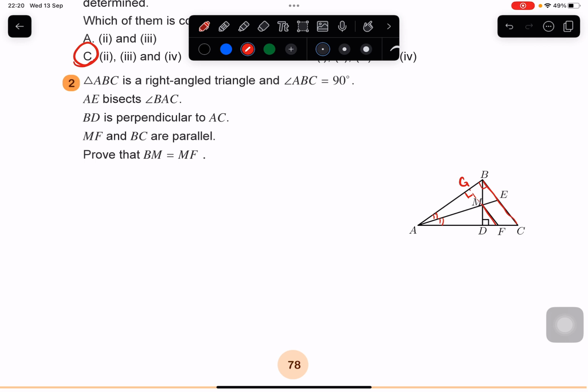So we can just start with: extend FM to intersect AB at point G.